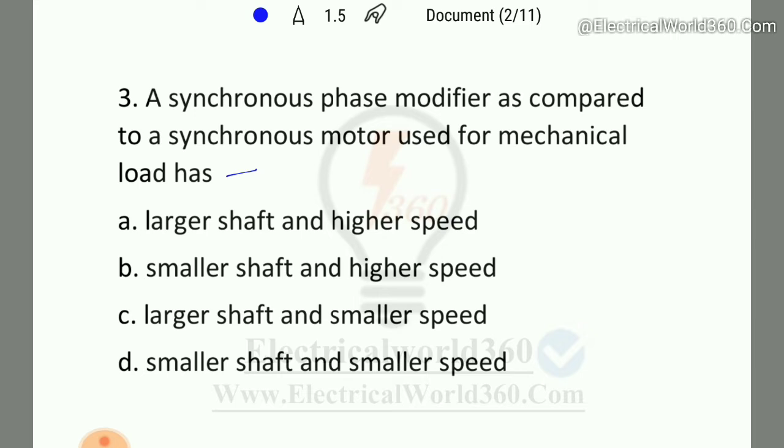Also, for no load, the motor can operate at the highest speed. Hence, for a synchronous phase modifier, the design parameters are smaller shaft and higher speed. So here option number B is right, smaller shaft and higher speed.